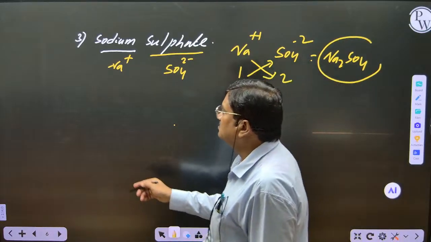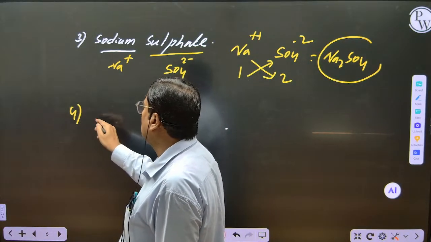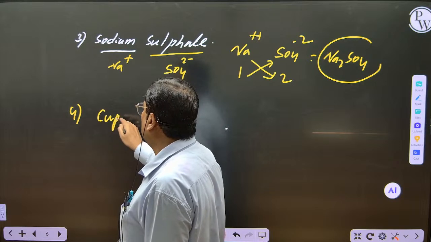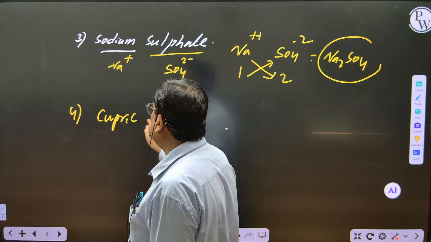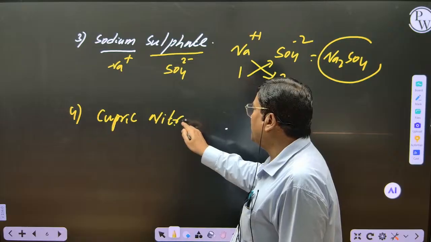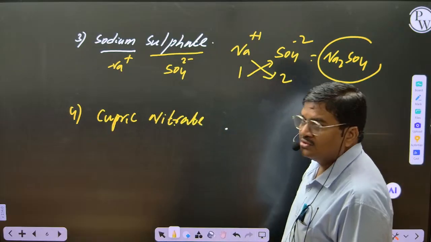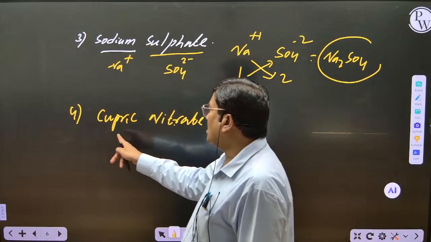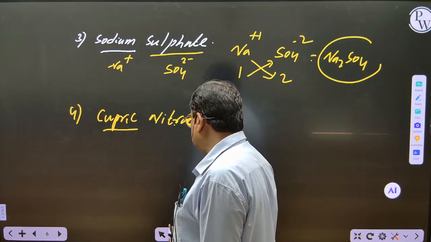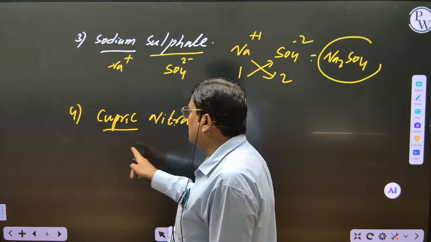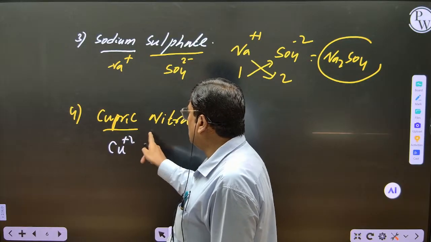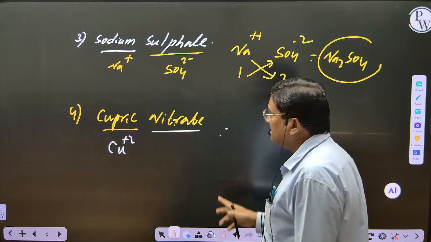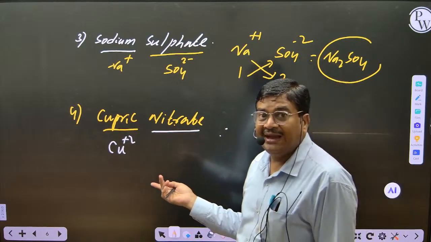Right, fourth one. Cupric nitrate, cupric nitrate. Then student, you have to know cupric. What is the valency? Higher is Ic. Copper exists in what states? Cuprous and cupric. So copper you have to take here as +2. What is nitrate? Just know nitrate. See, there are two, nitrite and nitrate.